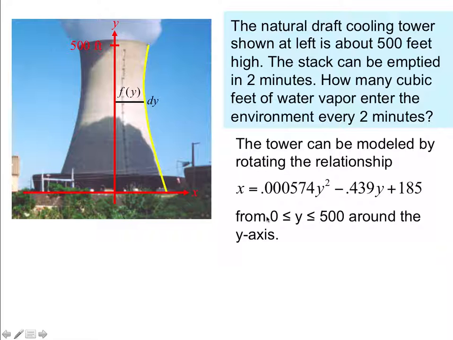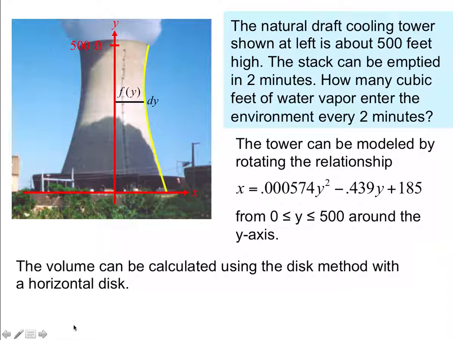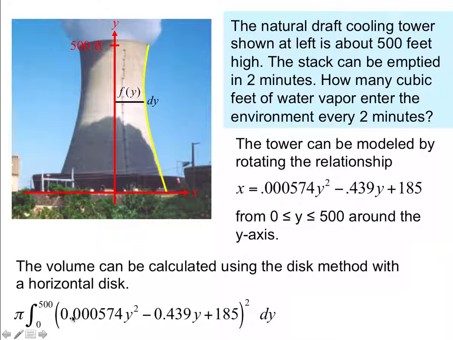And as we then use this as our radius that creates our disk, then we're integrating from 0 to 500 pi times this squared. So we're going to set that up then, 0 to 500 pi times that expression squared.